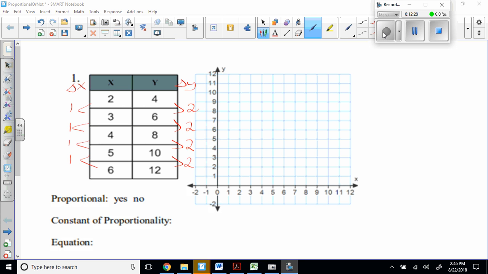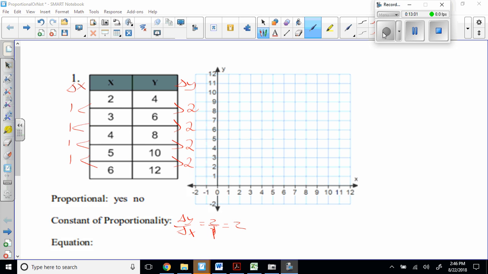Now, what is the constant of proportionality, ladies and gentlemen? It's as simple as this. Change in y over the change in x. Sometimes people just say y over x, right? It's really more than that. Let's look at the change, because it has to be constant, right? So, that is 2 over 1, which is nothing more than 2.